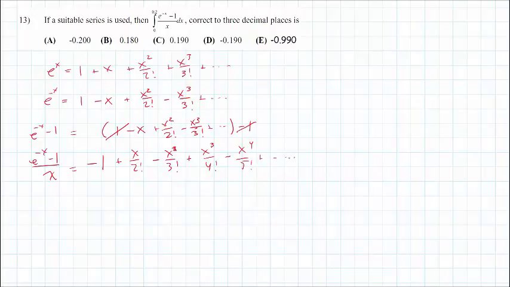Now, what happens if I integrate both sides of this from 0 to 0.2?